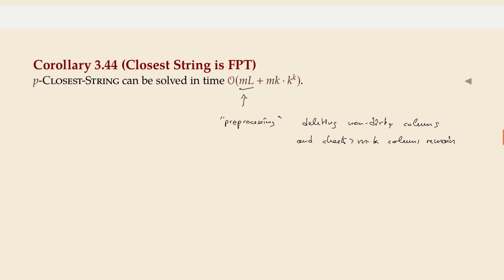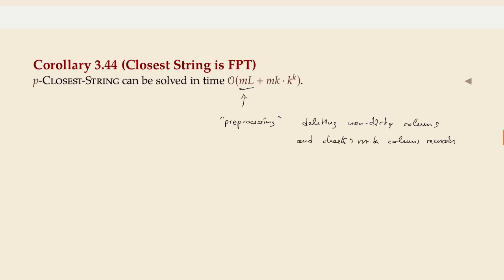In fact, I tried to find a kernel for the closest string problem, an interesting one. We know there is one, since this algorithm is an FPT algorithm, so we know there is this bogus kernelization that just says either the instance is already small enough or I return a trivial one because in the process of preprocessing I already solved the whole problem. That was the proof that kernelization is the same as FPT.